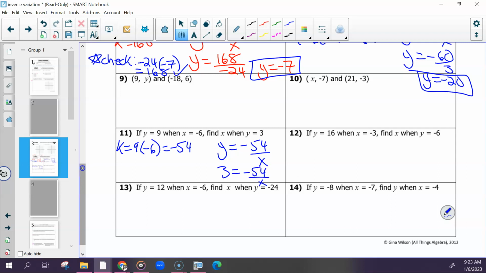How would we solve for x? Multiply both sides by -4. Doing that won't get x out of the denominator. So we do need to multiply both sides by something, but it won't be -54.